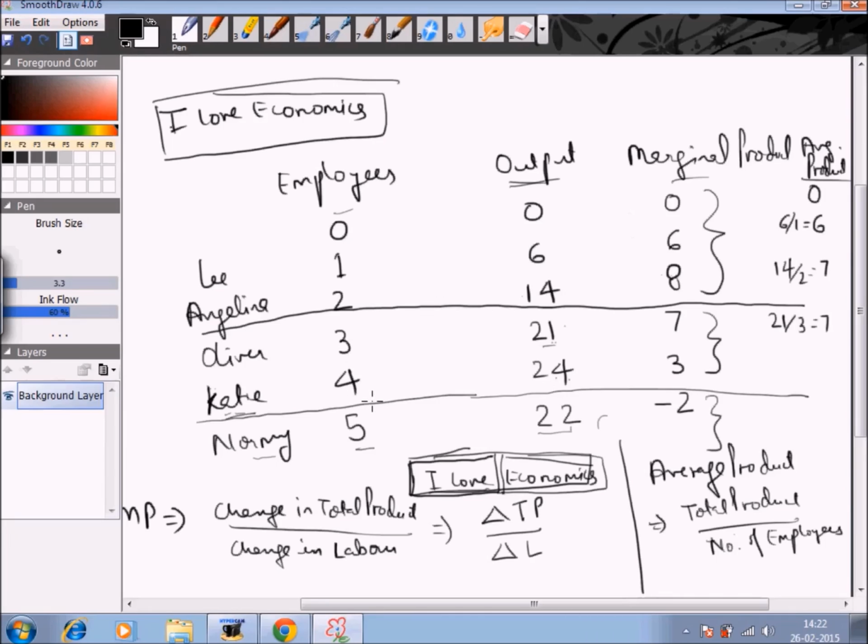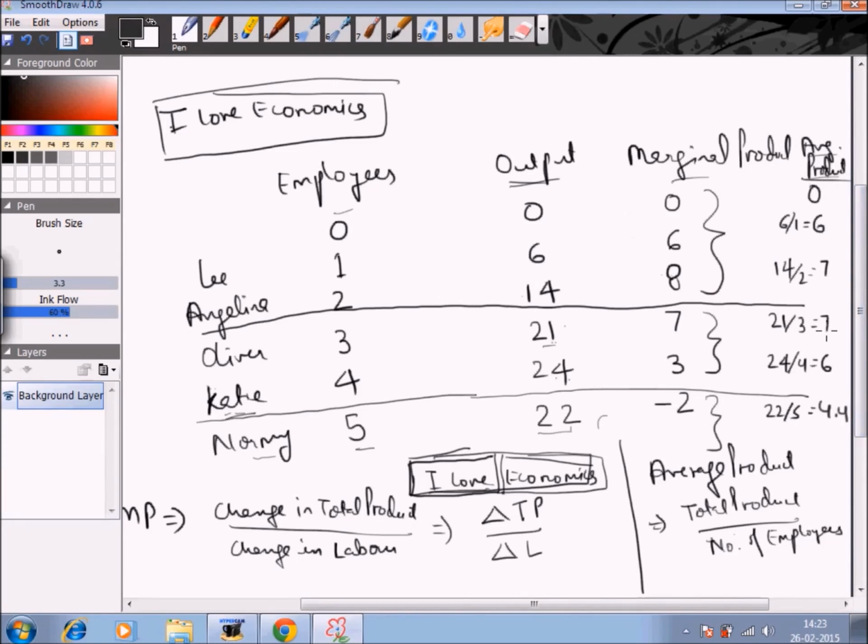In the next case, it would be 24 divided by 4, that is 6. In the last case, it would be 22 divided by 5. So we can see here that it's decreasing, and it would be 4.4.